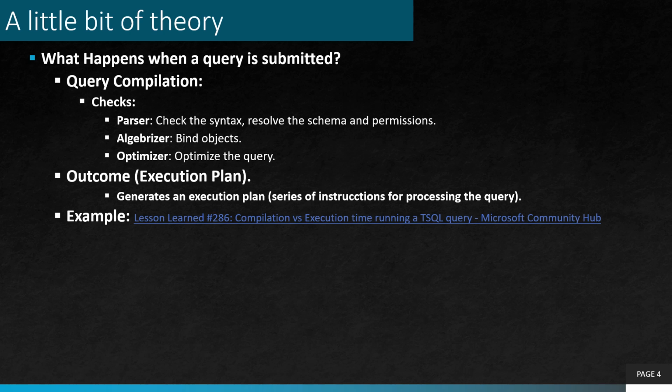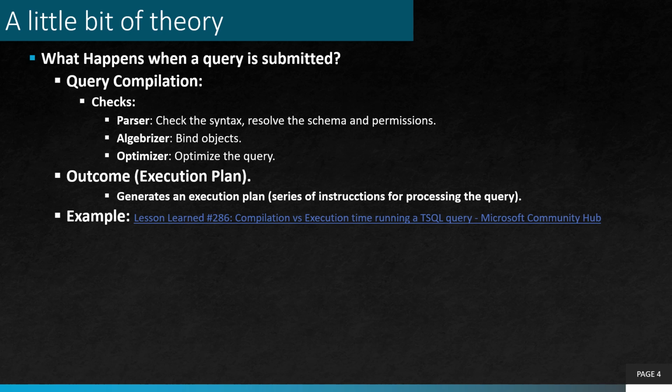Is it the compilation, because we need to create or review multiple things, or is it when we run the query and obtain the data using memory, I/O, CPU, other topics? You have an example in our blog with an explanation of it.